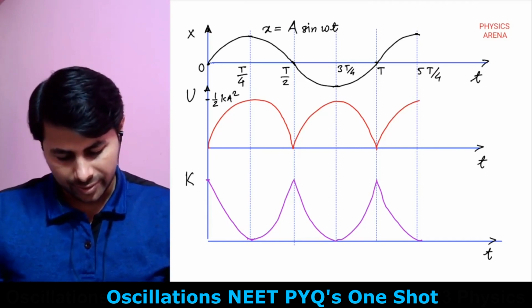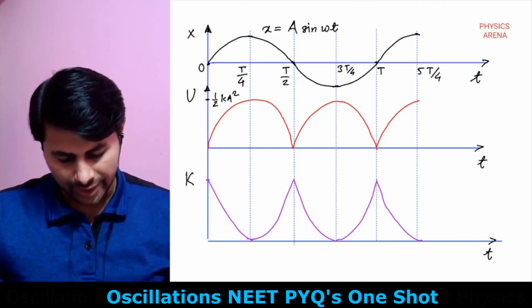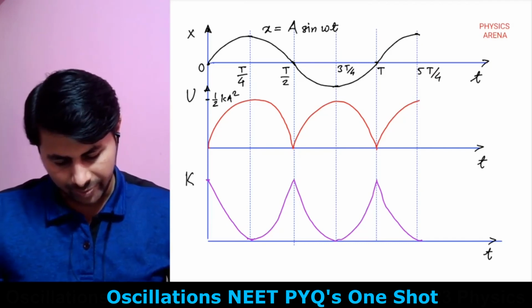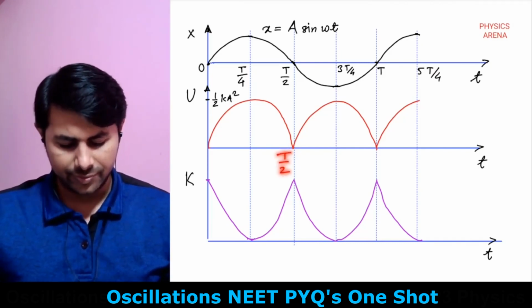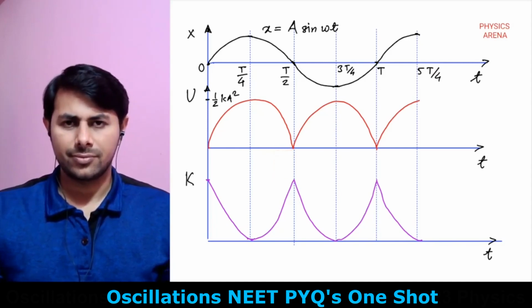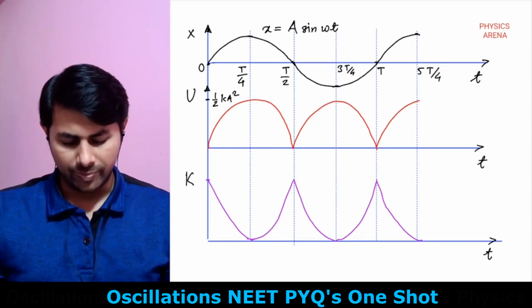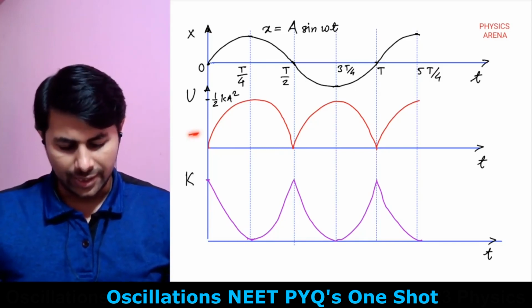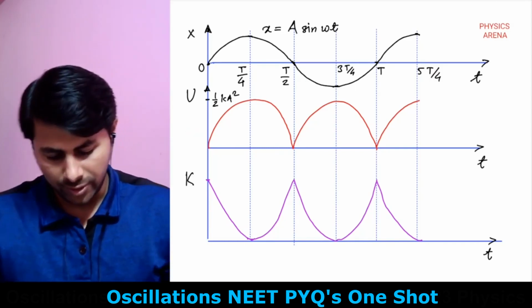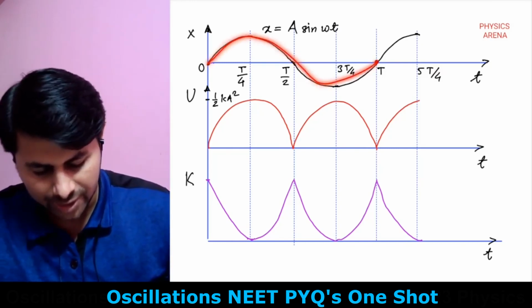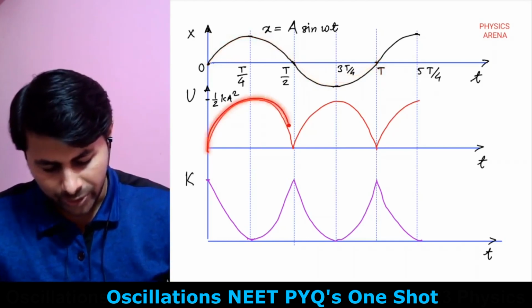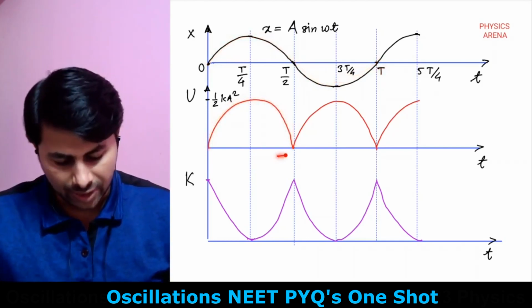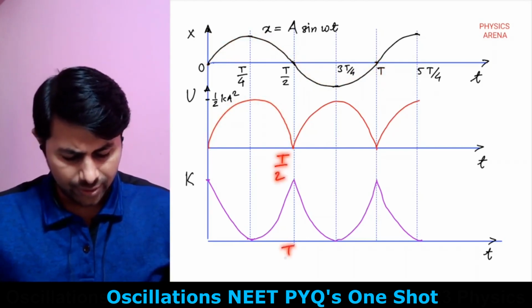See, both of these are periodic with period of T by 2. If the period of SHM is T, then the period of potential energy and kinetic energy is T by 2.